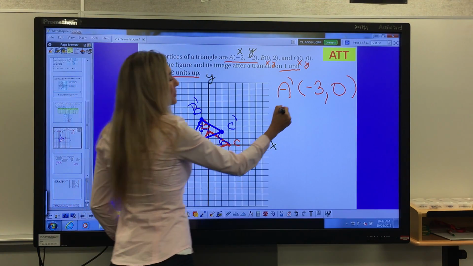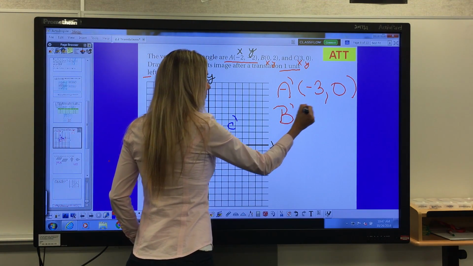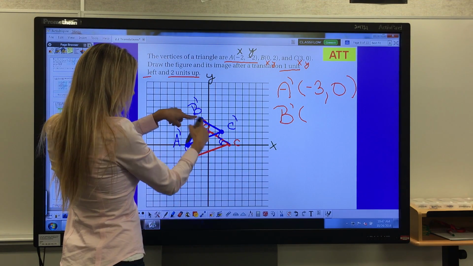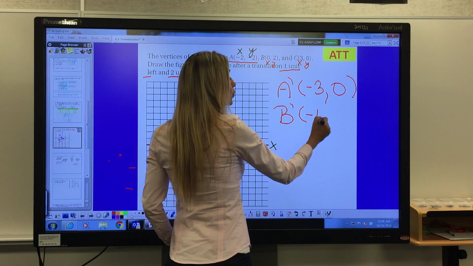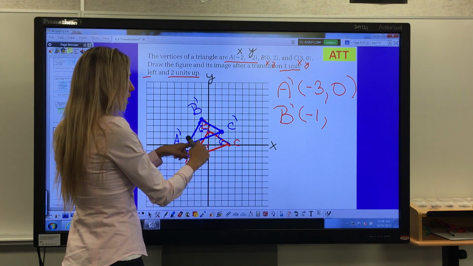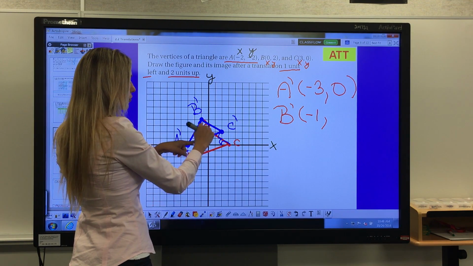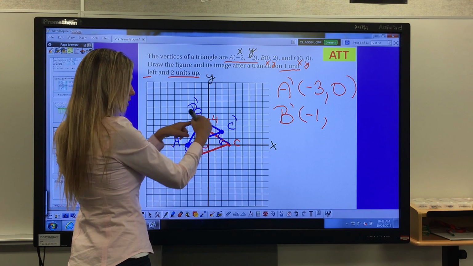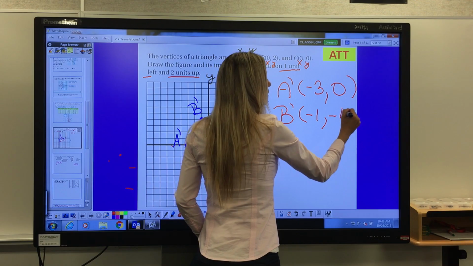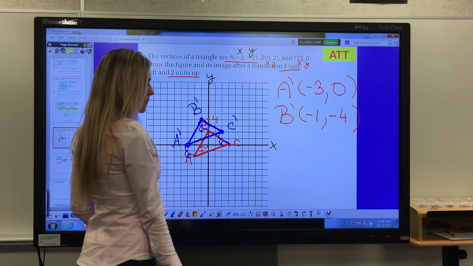Now, B prime. It's right in here. On the x-axis, I went 1 unit left, so that's -1. And on the y-axis, we are on 1, 2, 3, 4, so 4 on the y-axis.